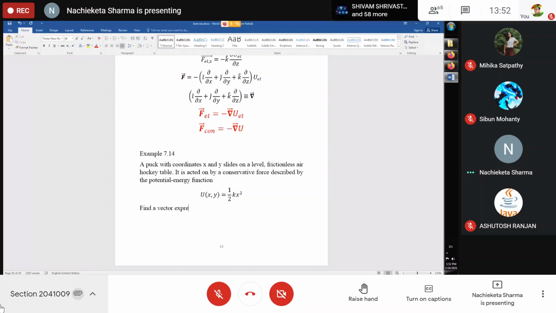for the force acting on the puck and find an expression for the magnitude of the force.